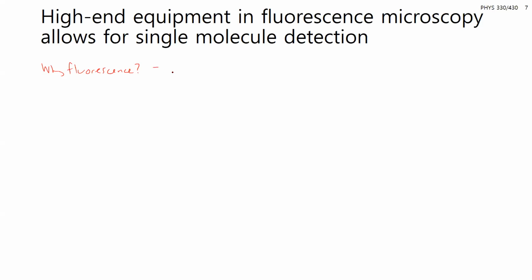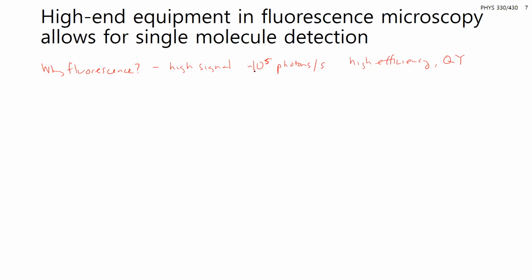So the reason that fluorescence is used to detect single molecules is it has a high signal capability. You can get, let's say, 10 to the 5th photons per second that you can detect with fluorescence, and it has a high efficiency. We talked about quantum yield, compared to Raman, which we said is a very rare type of event, or absorption, where you would have that high amount of illumination versus absorption.